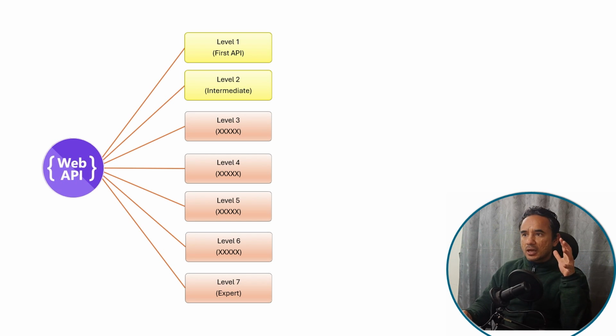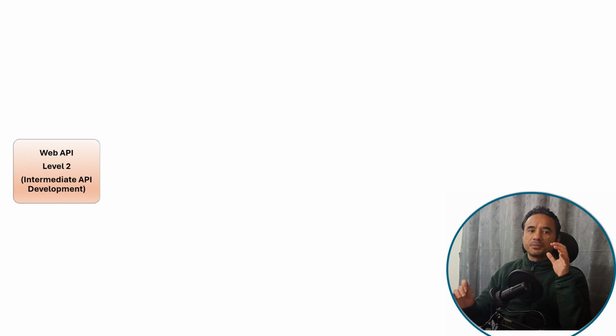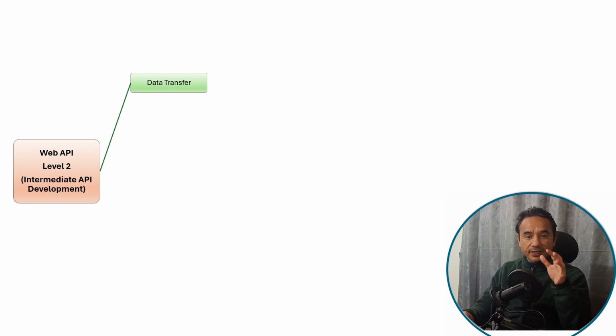So let's now explore the intermediate API development, level 2 of Web API. Intermediate means in a real project, what are all the things you need in a Web API, not a dummy project. Here, start with data transfer, because data is what your API client will send and get.